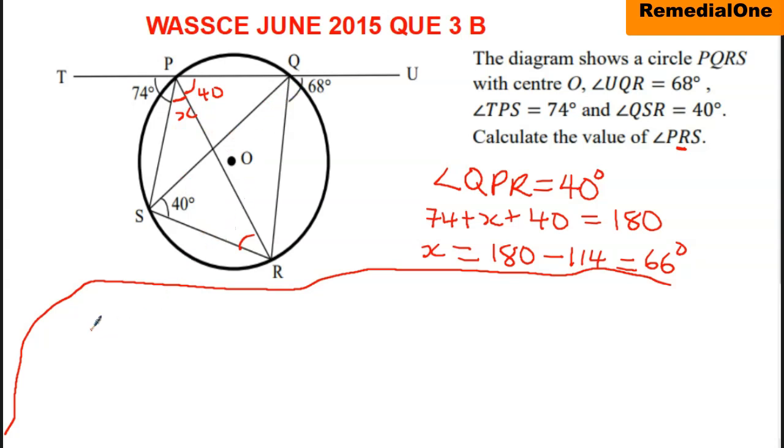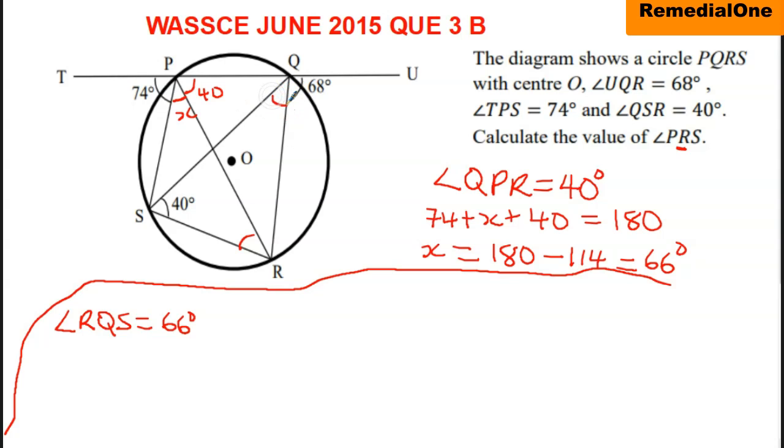So you can say that angle RQX is also equal to 66 degrees, and the reason being that angles on the same segment SR. We know this angle, so obviously this angle will also be 66.